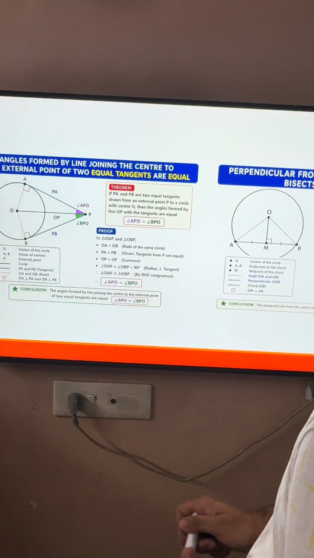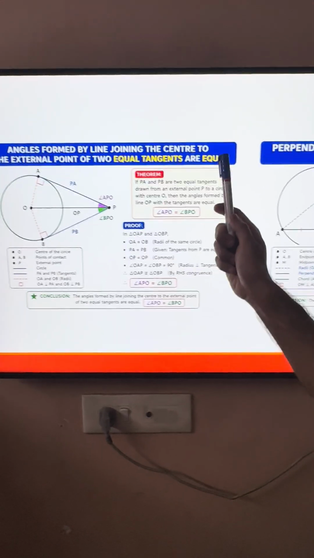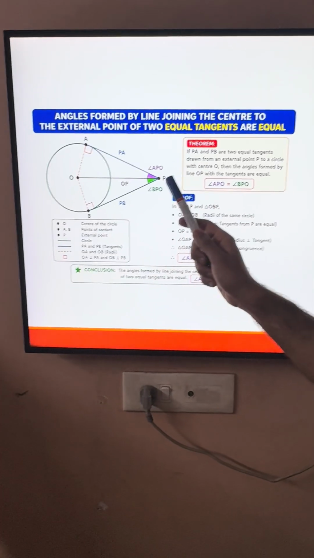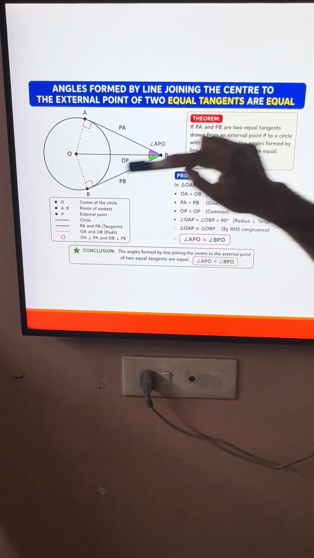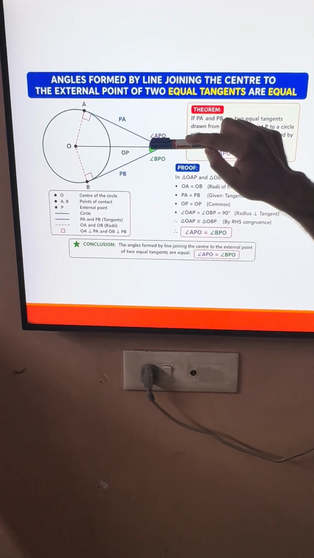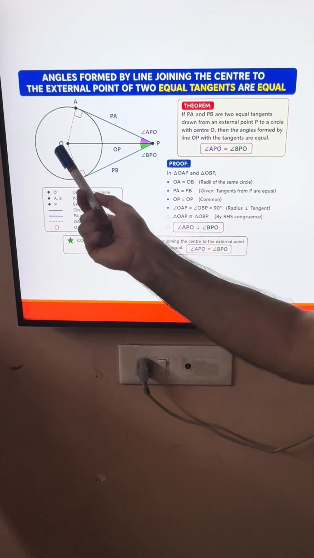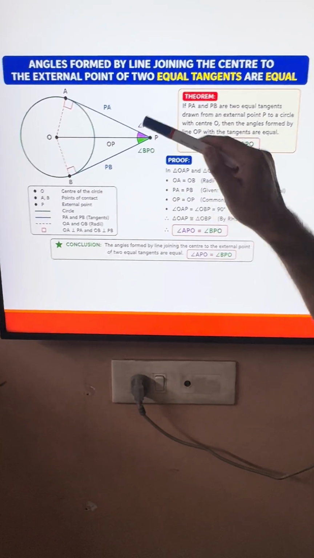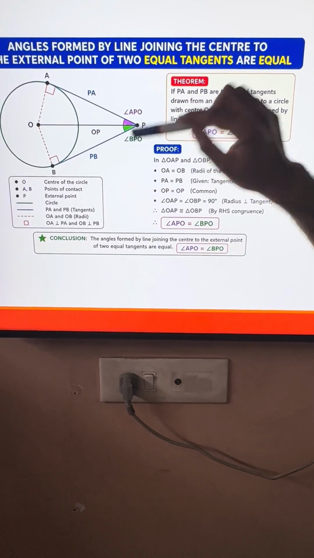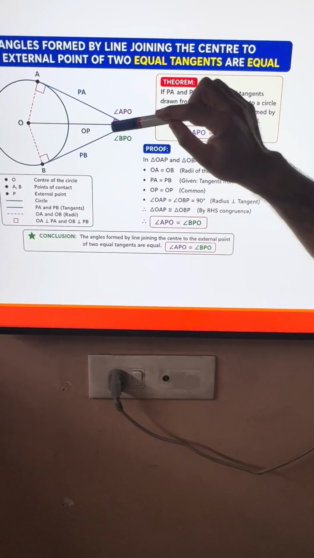So now let's go to our third theorem: the angle formed by the line joining the center to the external point. The tangents which we have drawn from this point P, of course PA is equal to PB, but the angle which they form with the line joining the center O to that external point P will be equal. As you can see, one is marked in purple, the other in green.